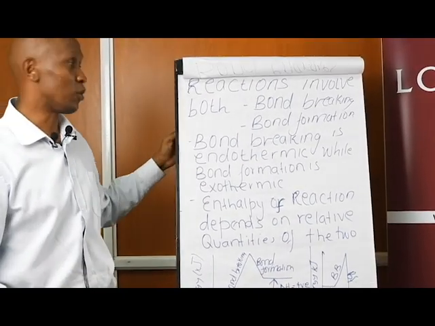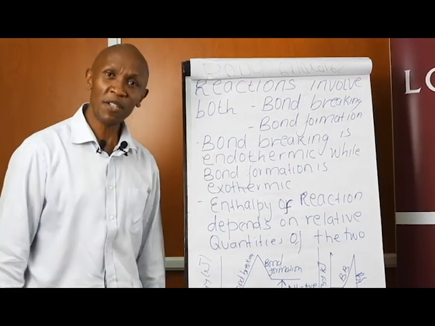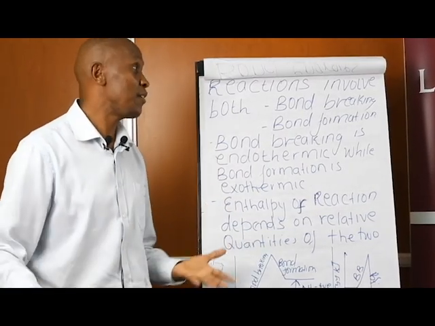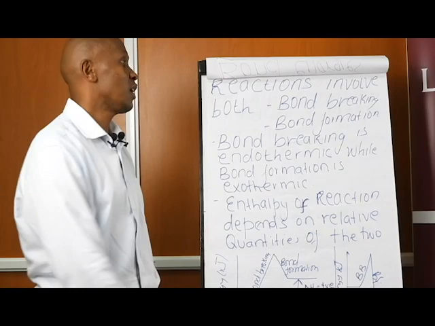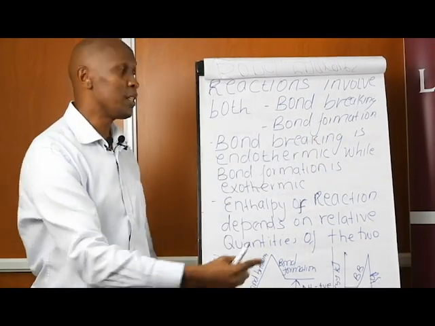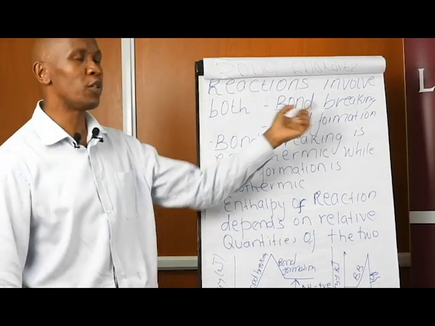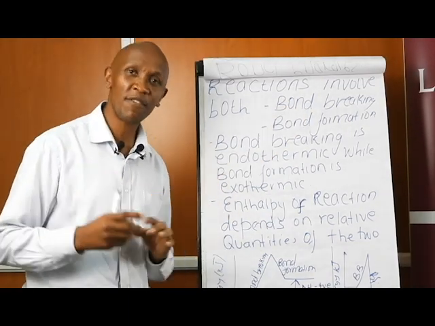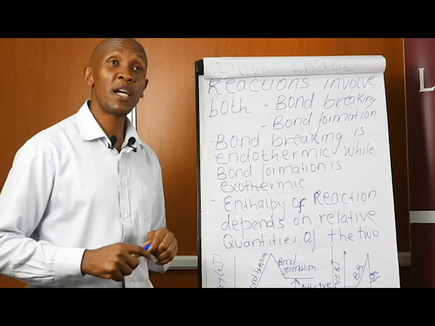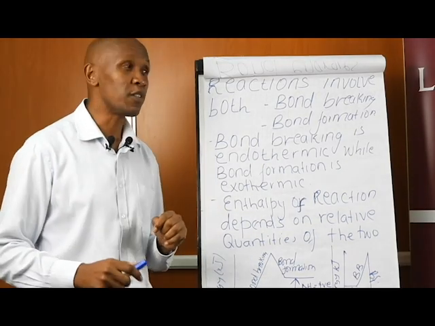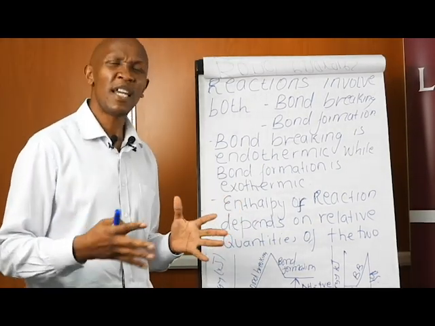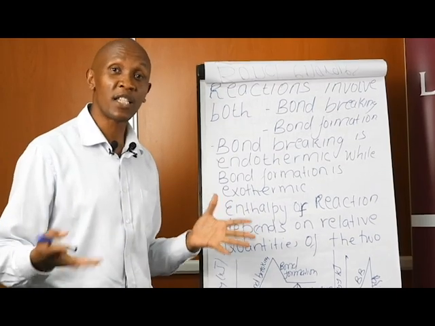This is what you need to note: a chemical reaction shall invariably involve two steps. It shall involve bond breaking and bond formation. Any chemical reaction shall involve bond breaking and bond formation. I think we must have come across that sometimes in the course of the study of chemistry. Like it was said that nitrogen is rather unreactive. Why?